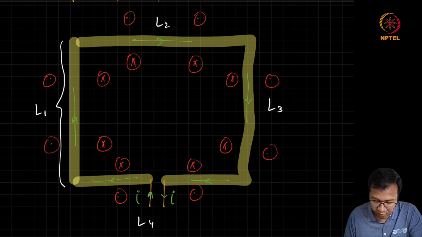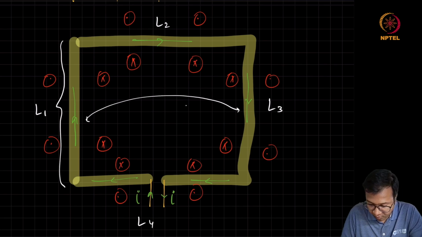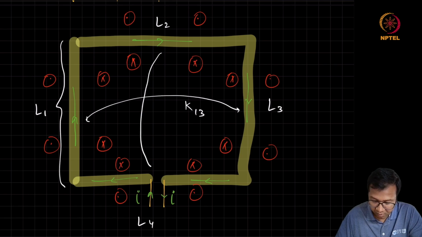So in addition to just showing the self-inductance of each of these segments, we also need to be careful about the mutual coupling. So I can say there will be some K13 in this manner. Similarly, K24.